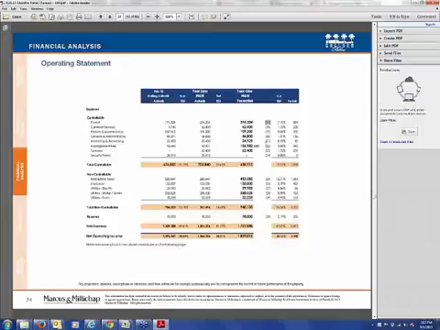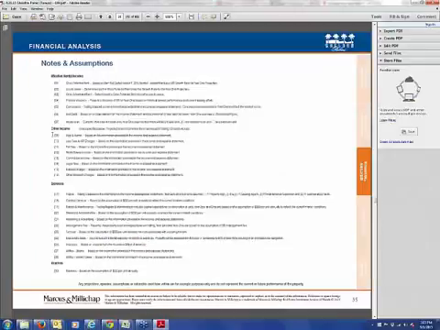Controllable payroll, footnote 17. Look at year 0, Marcus and Millichap, 276, trailing 3, 171. What does footnote 17 say? All right. Payroll trailing is based on the information in the income and expense statements. Year 0 and year 1 assume 1 full-time property manager, 1 full-time and 1 part-time leasing agent, and 1 full-time maintenance supervisor and 2 full-time maintenance techs.